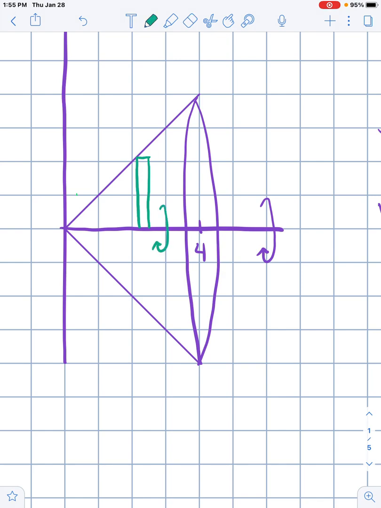So if I were to rotate this rectangle around the x-axis, think about what shape that might create. I'm going to have to erase my rectangle because I don't know how to draw this without starting from scratch. If I rotate that rectangle around the x-axis, I would end up with a cylinder.